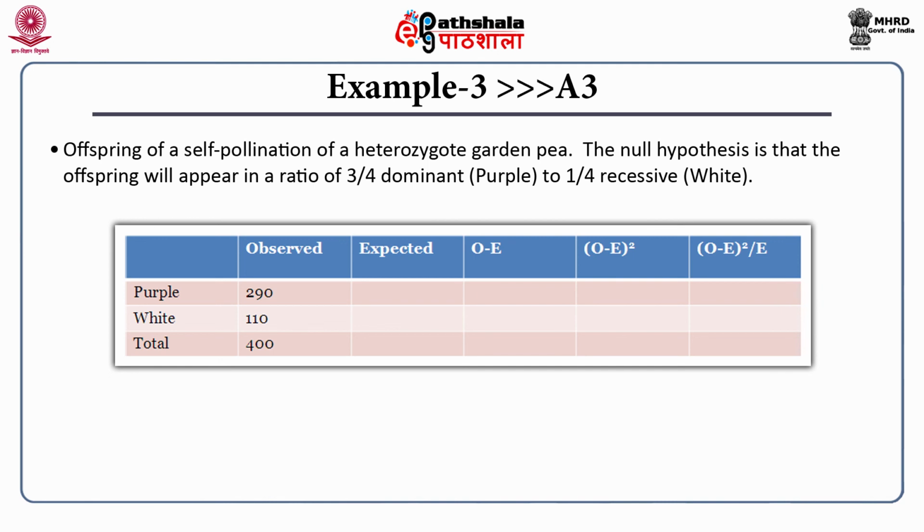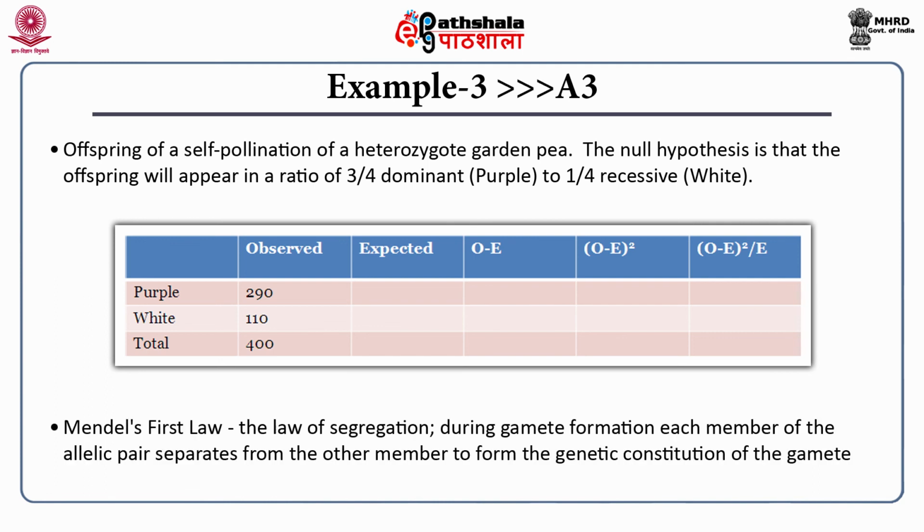The model is that 3/4 is the dominant purple, so 3/4 multiplied by 400 is your expected for purple, while the expected for white is 1/4 multiplied by 400, which is 100. Now you will have to calculate observed minus expected, square it, divide by the expected and sum it to get your final chi-square. So this is one test for Mendel's first law, which is the law of segregation.